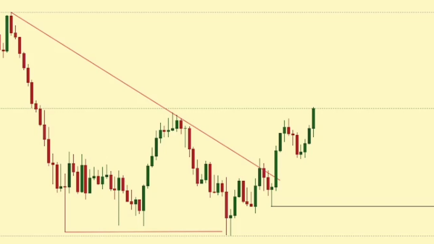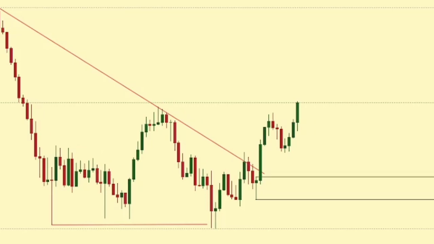So step 3, draw the proximal line. Next na the proximal line. The proximal line na im dey closest to current market price.